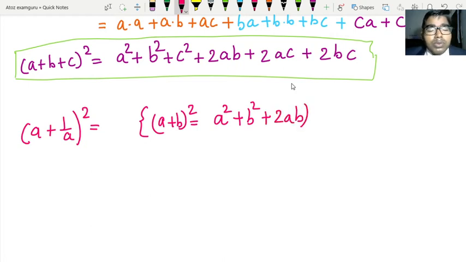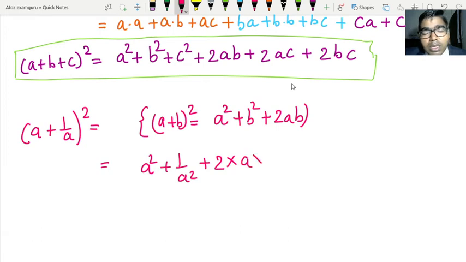So in the place of b you can put 1 upon a simply. This will become a square plus 1 upon a square plus twice of first term a into second term 1 by a, and a and 1 by a will cancel out, and this will give you a square plus 1 by a square plus 2.